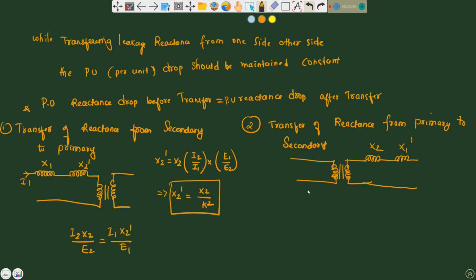From the above equivalent circuit, I1 x1 divided by E1 will be equal to I2 x1 dash divided by E2, where I2 is the secondary current. So x1 dash will be x1 into I1 divided by I2. In the previous case it was I2 divided by I1. So x1 into I1 into E2 divided by E1, you will get k square x1.